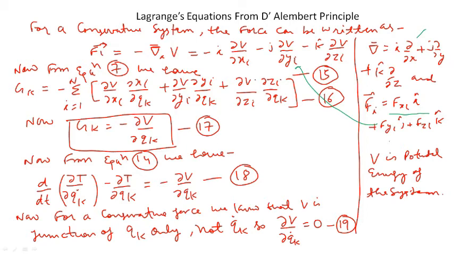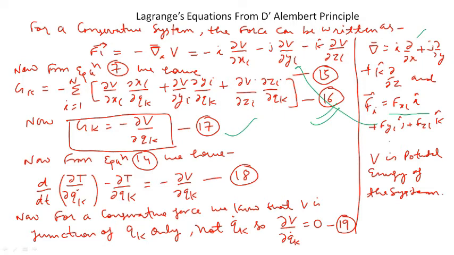So it will be minus sigma i from 1 to capital N, del V over del xi into del xi over del qk plus del V over del yi into del yi over del qk plus del V over del zi into del zi over del qk. Let us say it is equation number 16. So we can write it as minus del V over del qk, because V is a function of xi, yi and zi coordinates, and it is equation number 17.